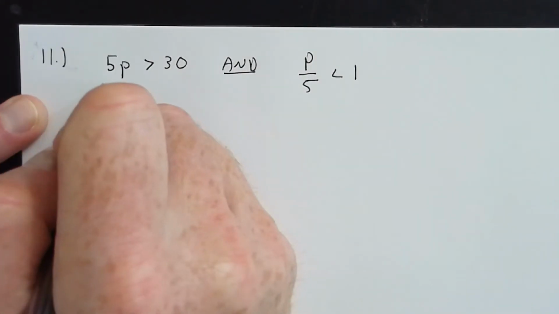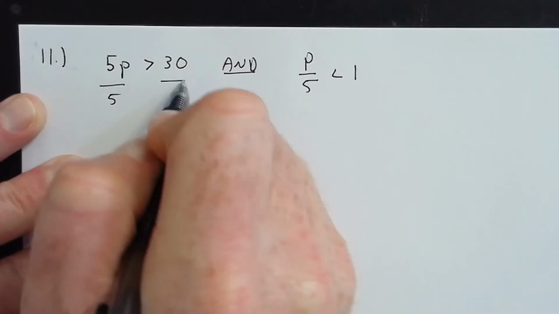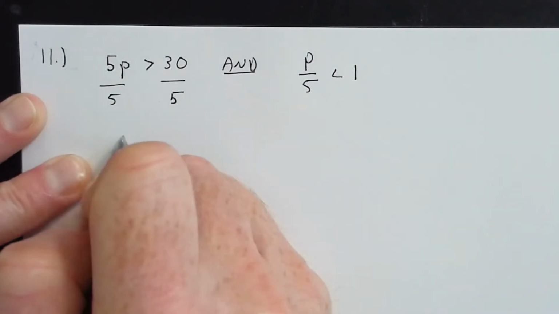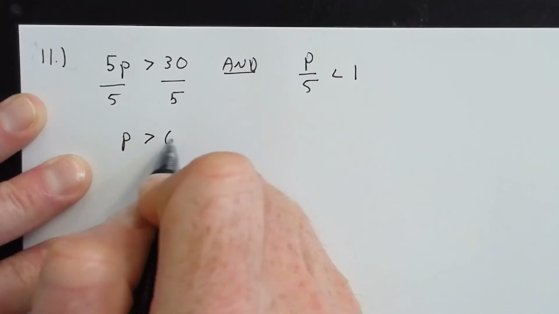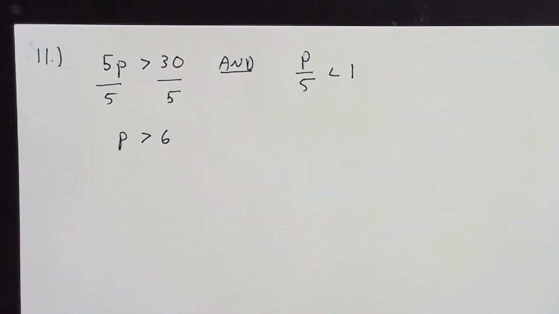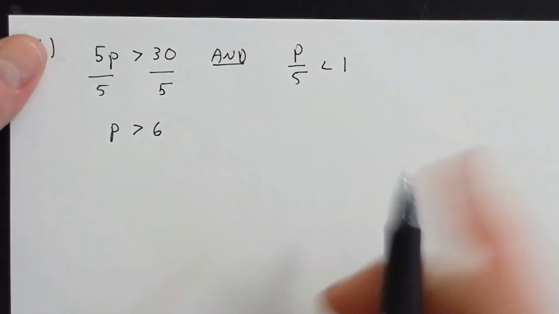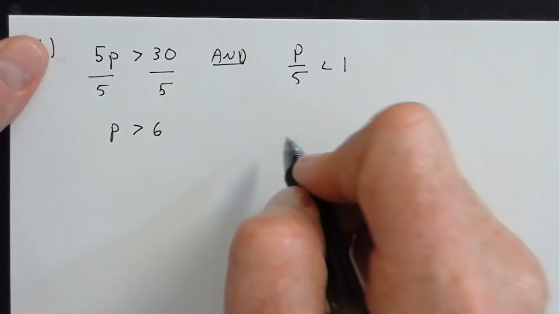And we're going to directly divide by 5. So that P is greater than 6. And over here, we're going to cross multiply.